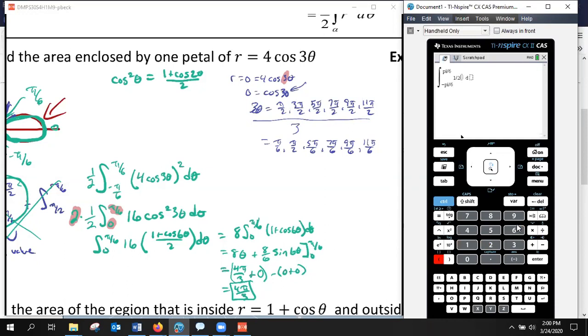And then our radius was 4 cosine through, actually, this is why I wanted to do R1. And then d theta. Let me see if I could make this R1 of theta. I'm not sure if that's going to correct it or not. I'm really hoping so.